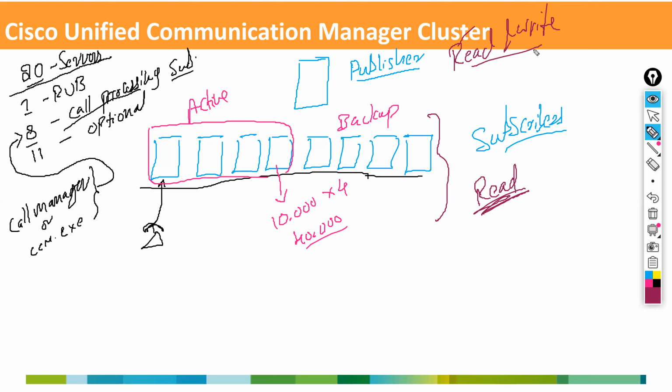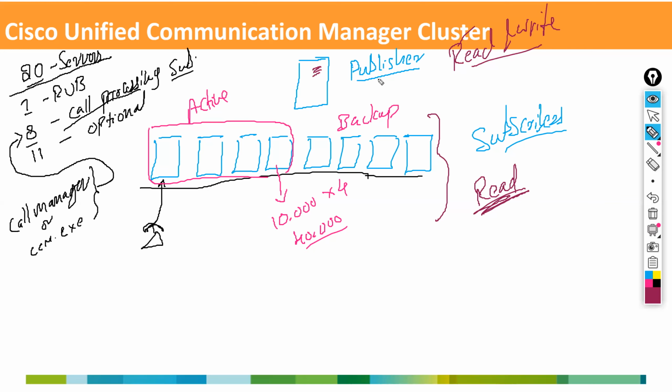All the configuration is done on the publisher, not on a subscriber. Subscribers, we just install and keep. All the configurations, activating, deactivating, stopping, starting any services, registering the phones, creating the users, creating the features, associating features to the user, or deleting, or modifying, can be anything.